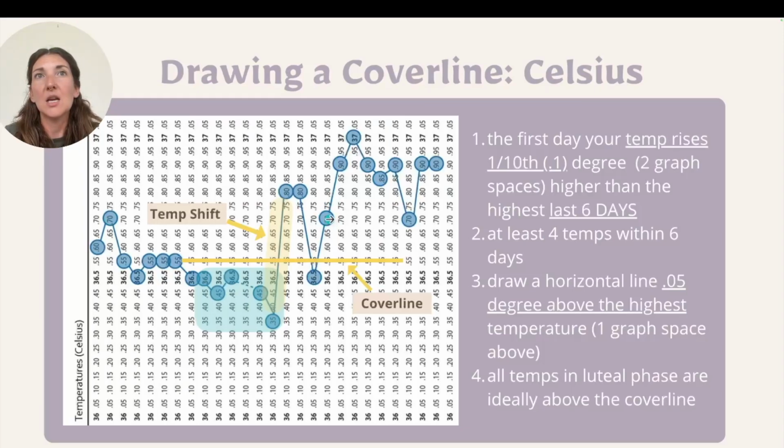So say you had another temperature after this day that dropped below here, then I'm not considering this able to confirm ovulation, and maybe there's something else going on. Maybe you're getting sick, maybe you're having an allergic reaction to something, maybe something's up with your thermometer. But again, we're looking for temperatures that stay high above our cover line in order to confirm ovulation.